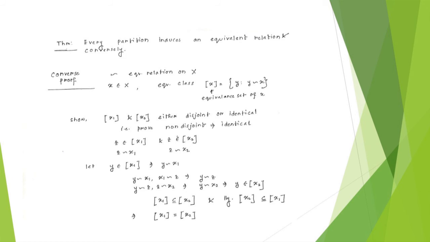So that means mostly we are given an equivalence relation and we have to find a partition. These partitions may sometimes be very difficult to describe fully, but equivalence relations are usually easy to define.